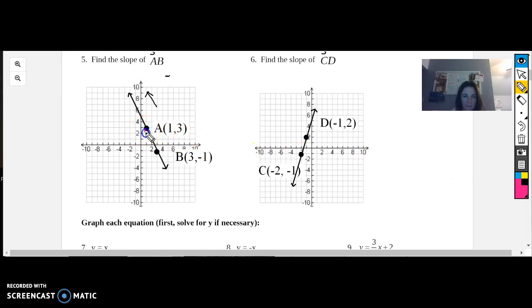I'm going to go down 1, 2, 3, 4 spaces. Okay, so that's my negative, down 4, and then I'm going to have to go over 1, 2. So I'm at a slope of negative 4 over 2, which is negative 2.